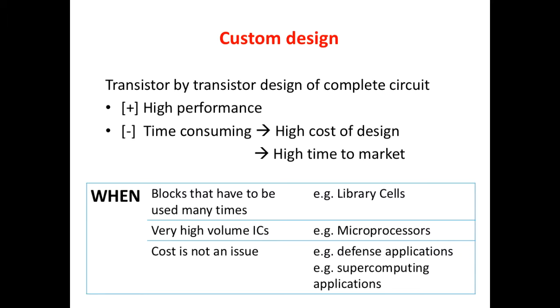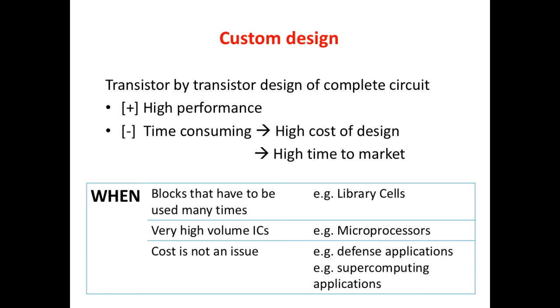The other things that are custom designed are typically very high volume ICs, such as, for example, microprocessors. I must say that not all parts of the microprocessors are custom designs, but there are parts of the microprocessors, especially for the high volume ICs, that are custom designed. And also, you typically perform custom design when cost is not an issue.